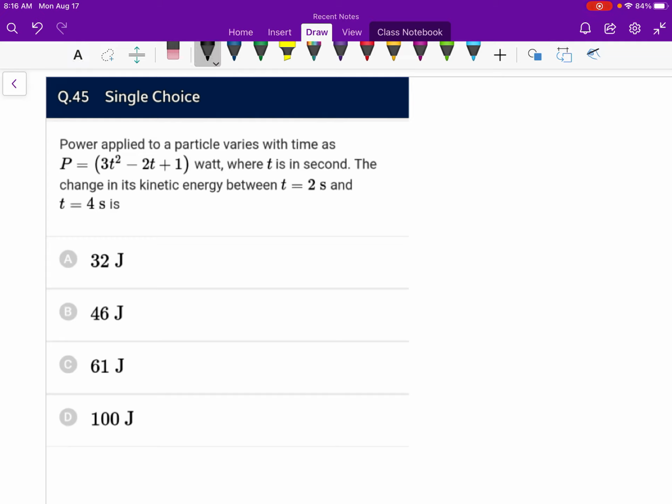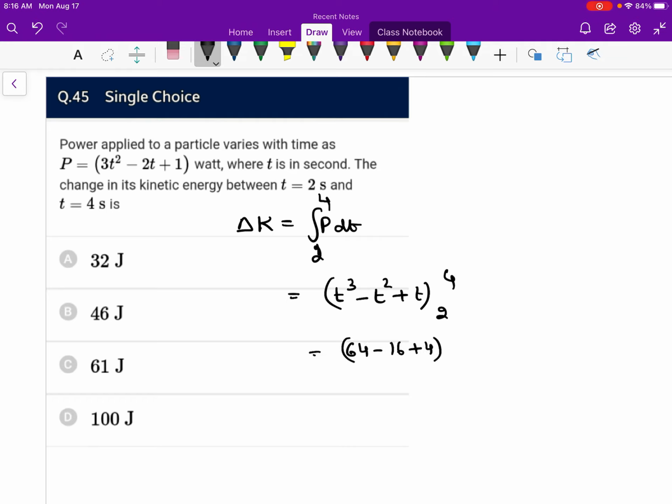Now last question, power supplied is this, the change in kinetic energy. So change in kinetic energy is energy supplied, integral of P dt from 2 to 4. So integrate P, so t cube minus t square plus t, from 2 to 4. So that is 64 minus 16 plus 4 minus 8 minus 4 plus 2.